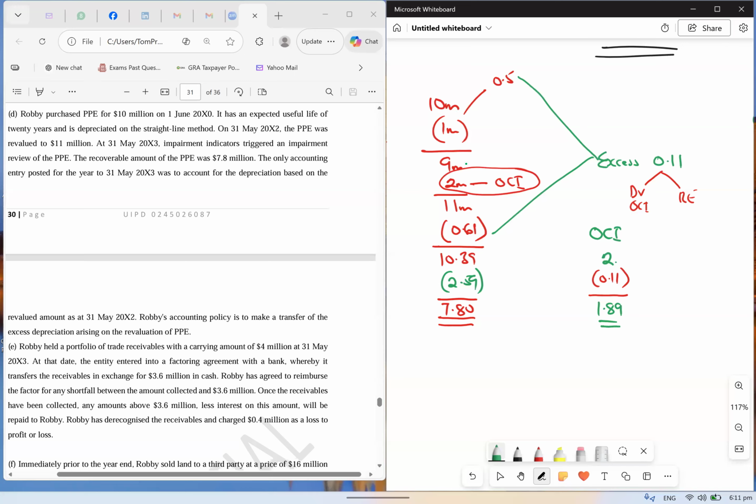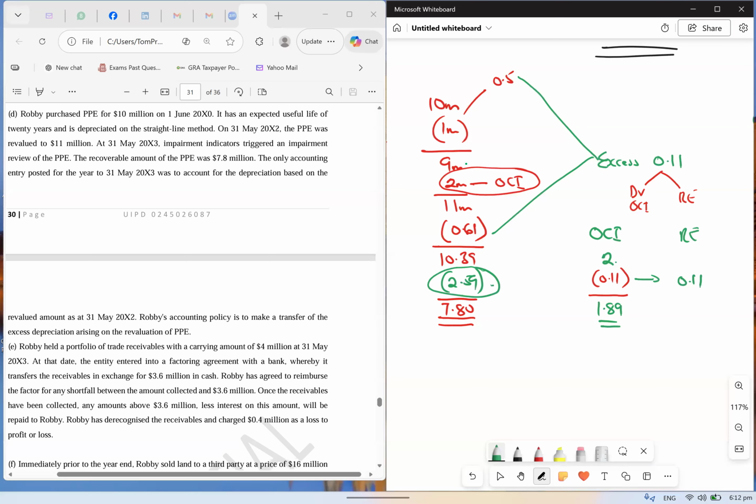So this is what is in your OCI now. And you have transferred this 0.11 to your retained earnings. This impairment loss is an impairment on a revalued asset, so you won't carry this impairment to P&L straight.